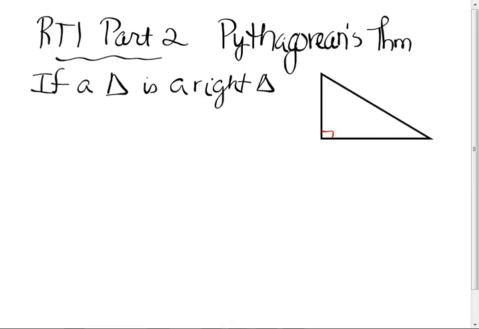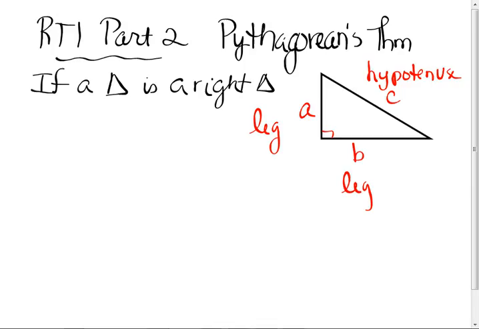The legs are always joined by the little square. So this is A, and this is B, and this is C. The square of the legs equals the square of the hypotenuse. Always write an equation to set it up. A squared plus B squared equals C squared.